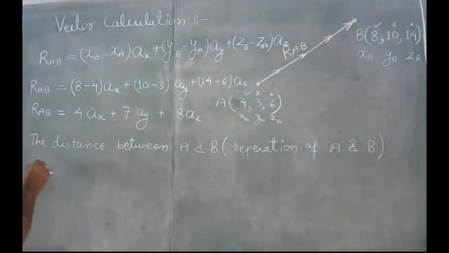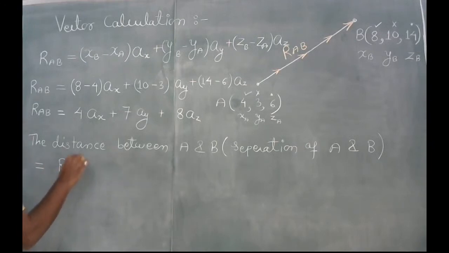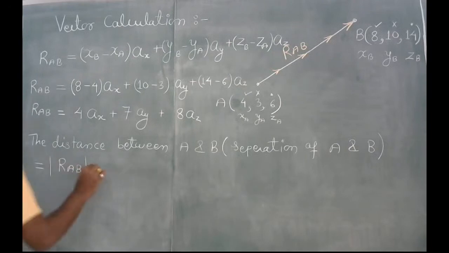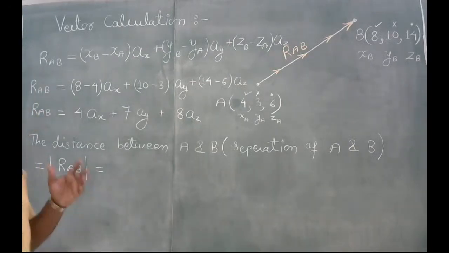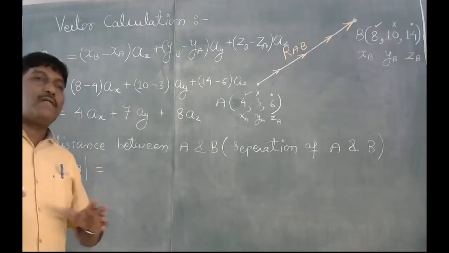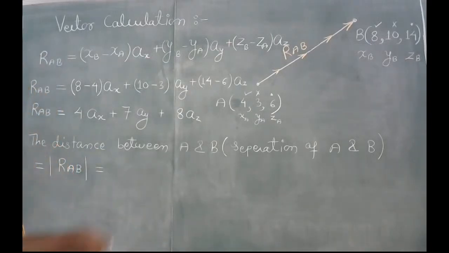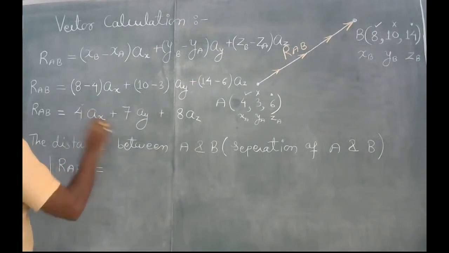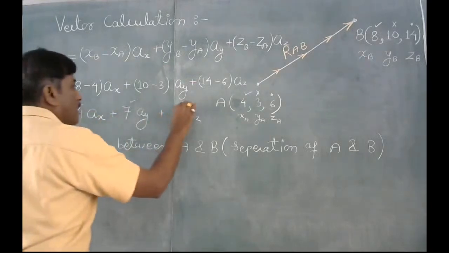So this distance will be equal to the magnitude of RAB, and this magnitude will be equal to the x component squared, y component squared, z component squared. These are the components 4, 7, and 8.